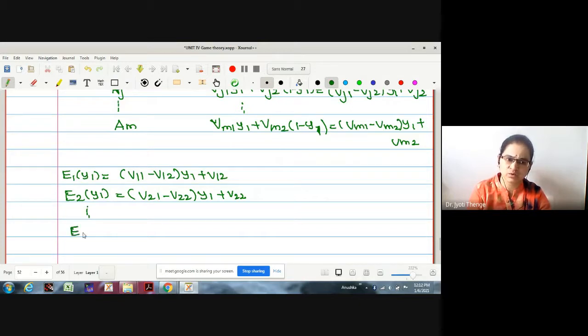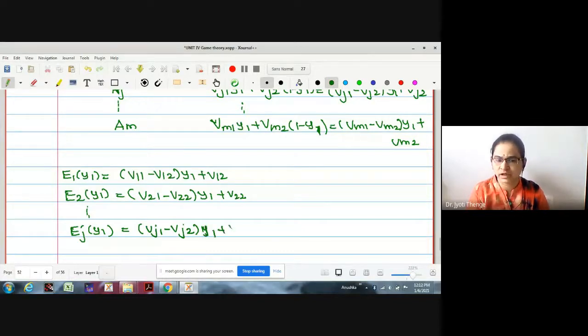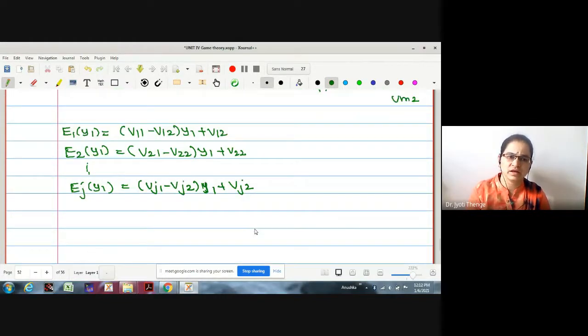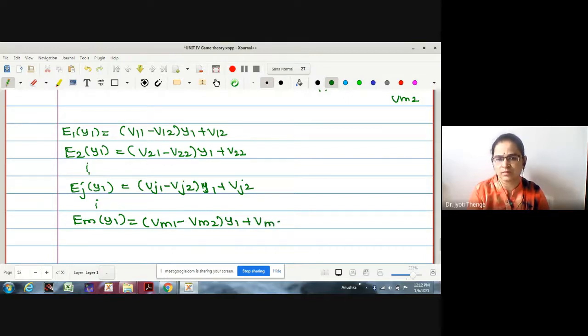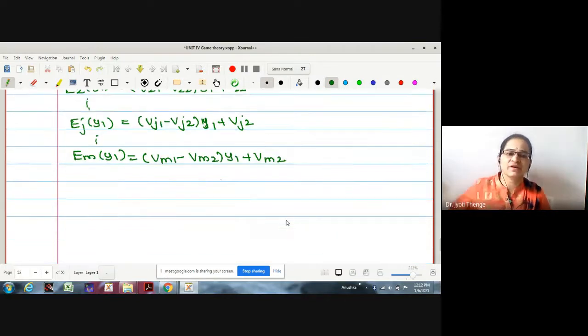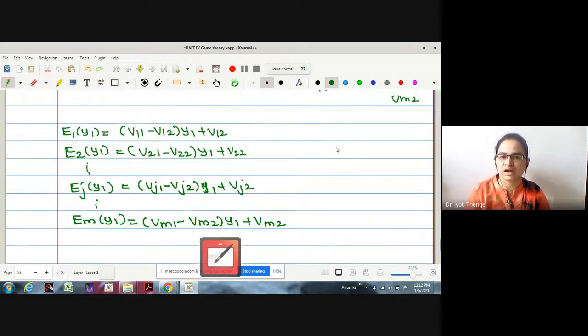Similarly, Ej Y1 is Vj1 minus Vj2 Y1 plus Vj2. And the last expectation line, Em Y1, is equal to Vm1 minus Vm2 Y1 plus Vm2. Okay, again for Y1 equal to 0 and for Y1 equal to 1, let us check what those lines are going to give us, right?